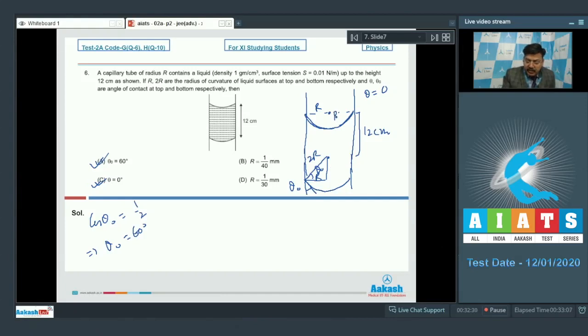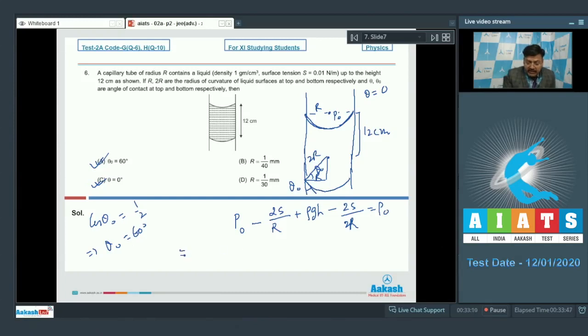So if pressure here is say P naught, then at this point pressure is P naught minus 2s by the radius of meniscus there, R, and then the pressure increases by rho gh, h is 12 centimeter, and then it is further decreasing by 2s by the radius of meniscus here, which is 2r, and then we come to the atmospheric pressure again.